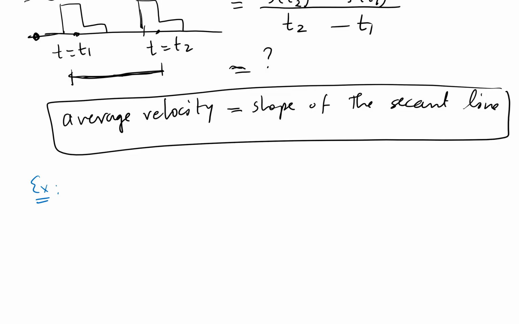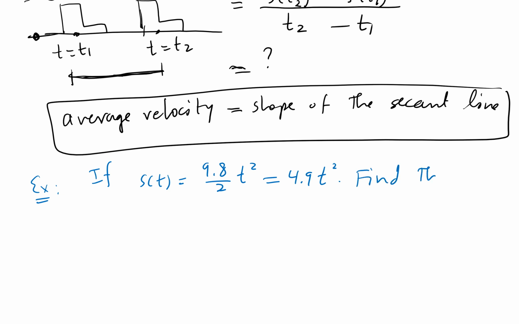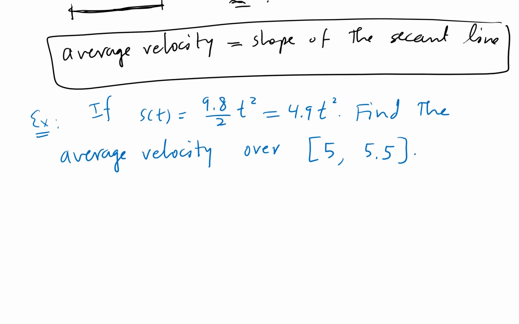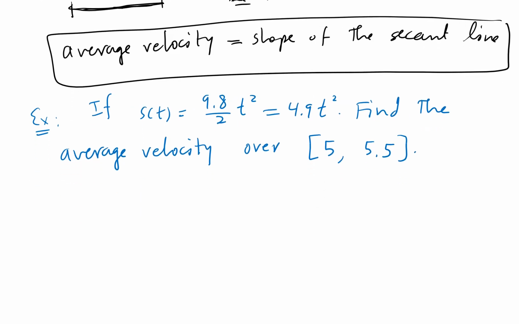Example. Let's look at an example. If s of t is given to us as 9.8 over 2 t squared, or 4.9 t squared, find the average velocity over the interval 5 to 5.1. How are we going to find the average velocity?